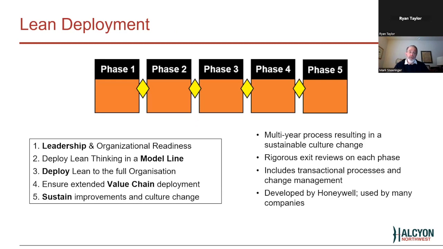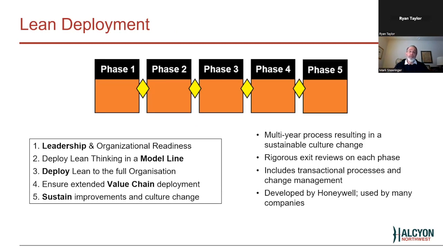There's a great model out there, which is a phased model where the first phase is the leadership and the organization gets ready for it. So at the end of that phase, you're saying yes with your eyes wide open that you really want to do this. So it's a fairly short phase, but it's an important one to make sure everybody's on board.